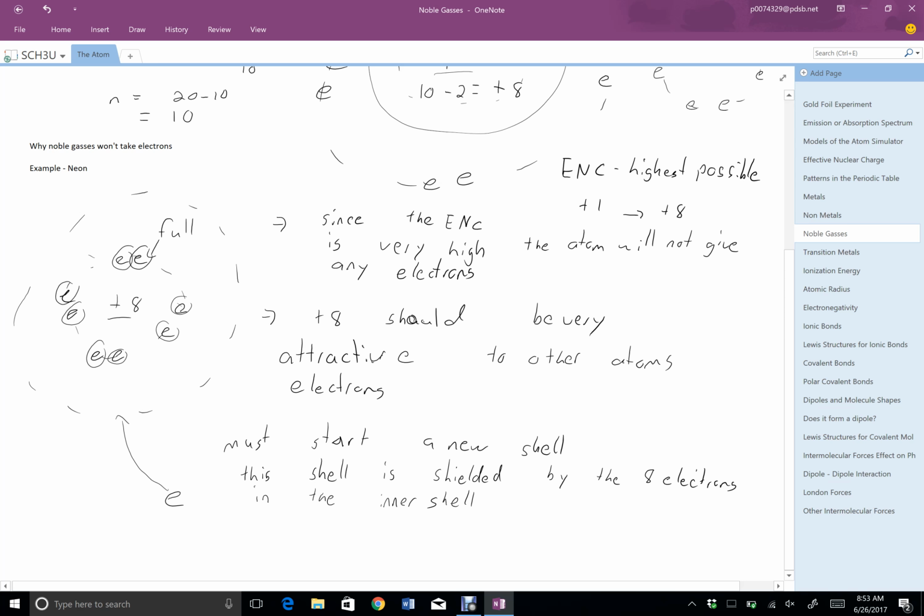What that means then is that the effective nuclear charge that was +8 is going to get reduced. This +8 is going to combine with this -8, and that's going to leave us with an effective nuclear charge of 0. This effective nuclear charge obviously is not attractive.